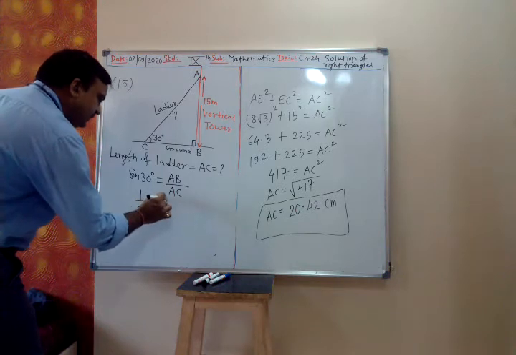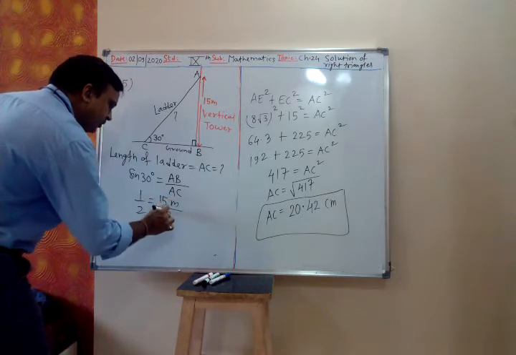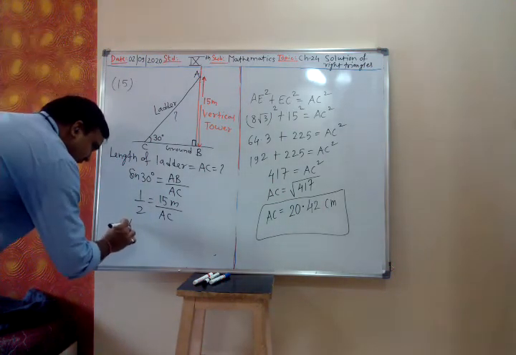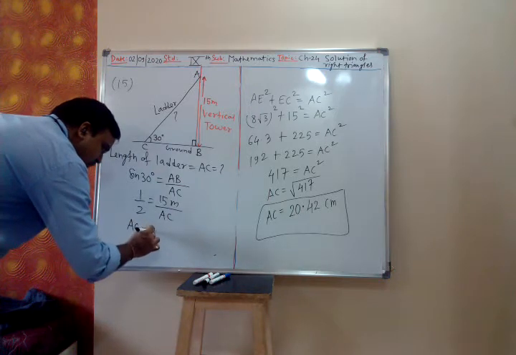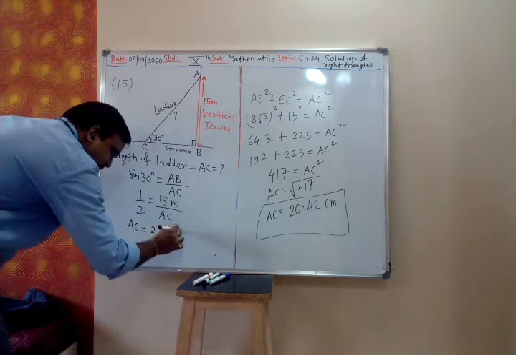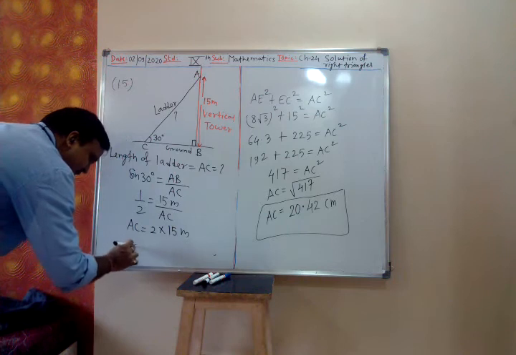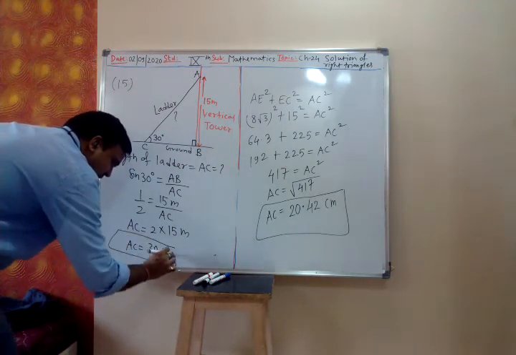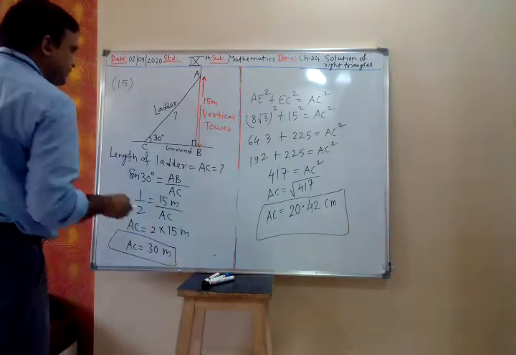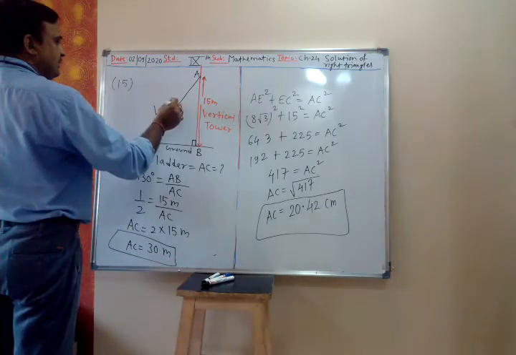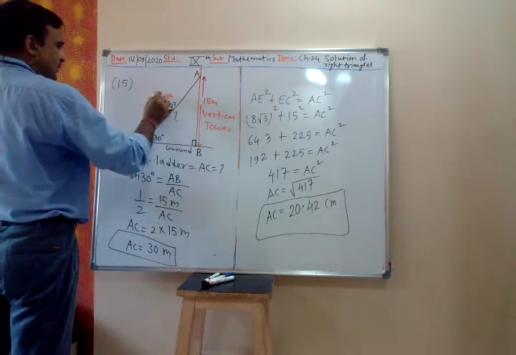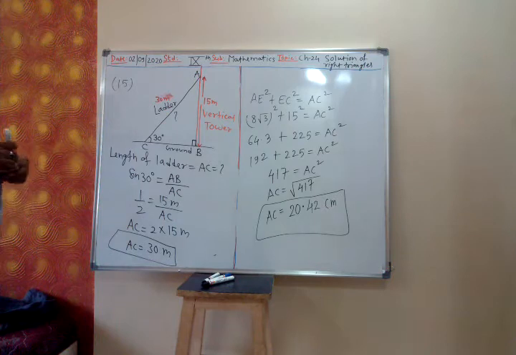AB is 15 meter upon AC. So AC is cross multiplied, 2 into 15 meter. So AC is 30. So the length of the ladder is 30 meter, and this is over.